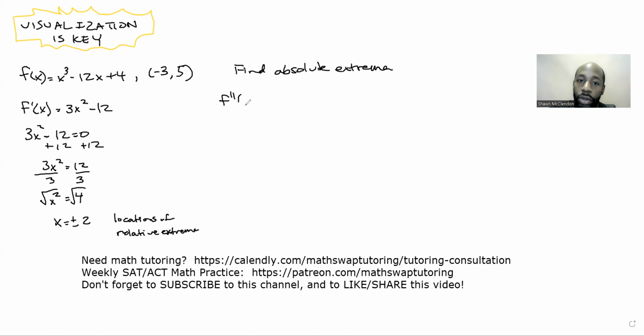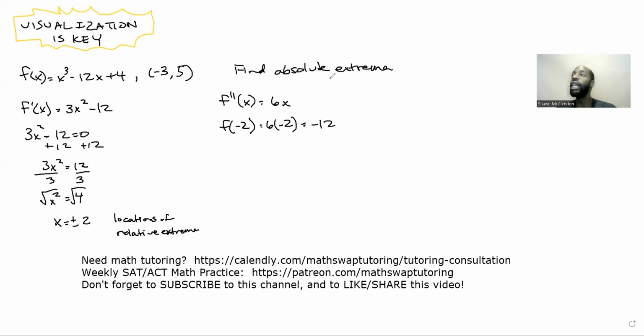All right, so f double prime of x is going to be 6x. Now we'll plug in -2: f double prime of -2 is 6 times -2, which is -12.